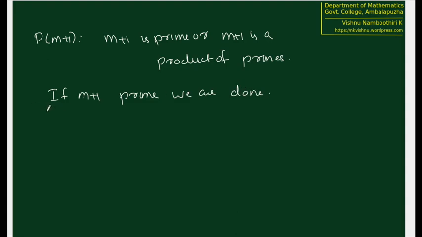So if m plus 1 is not a prime, then only we need to proceed further. Suppose m plus 1 is not a prime. If m plus 1 is not a prime, then m plus 1 is a composite.